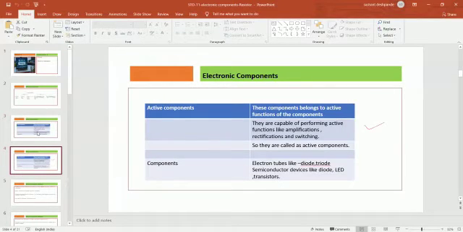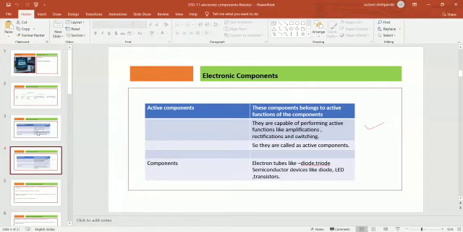What are active components? Opposite to passive components. Active components belong to active functions. They are capable of performing active functions like amplification, rectification, and switching.